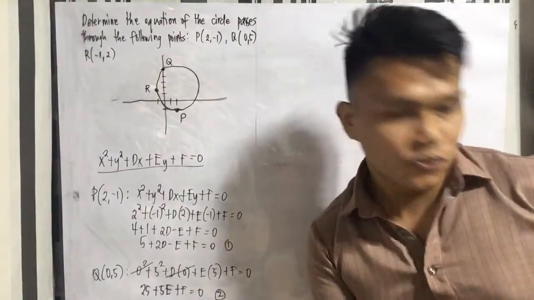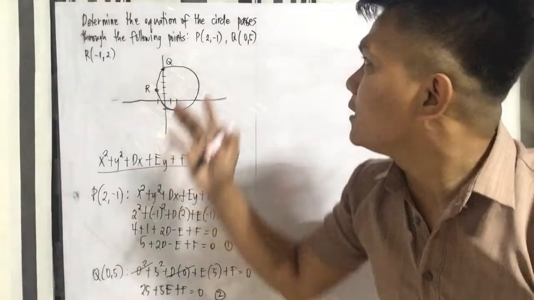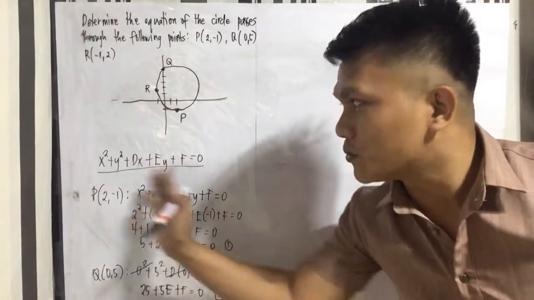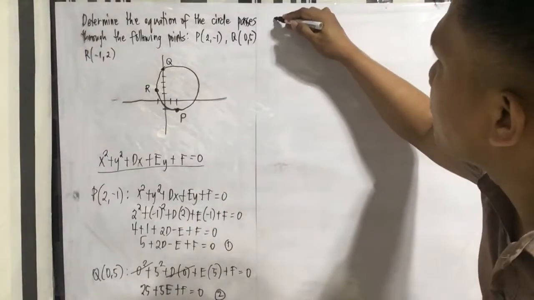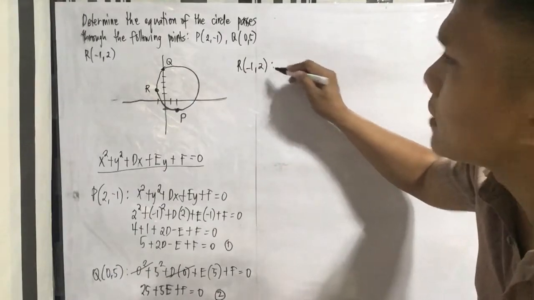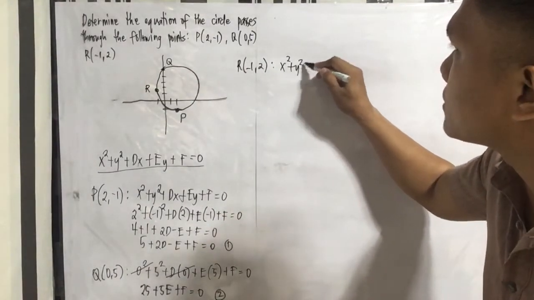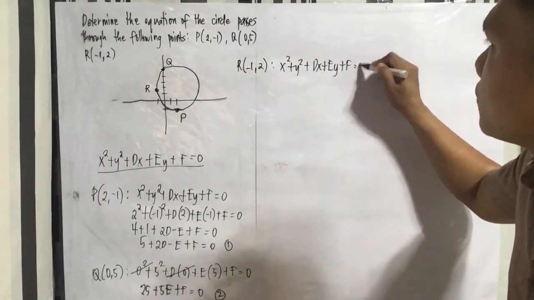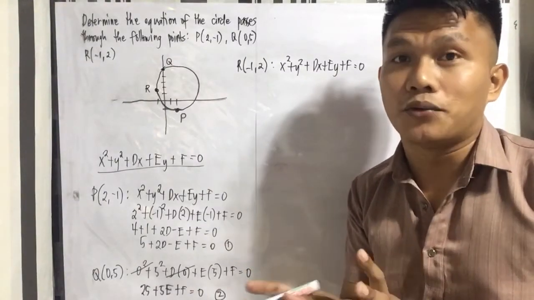We still have the third point, which is R, (-1, 2). Same process: use the general form x squared plus y squared plus dx plus ey plus f equals 0, and substitute the values of x and y.